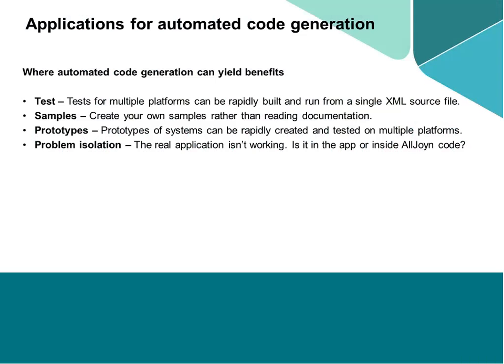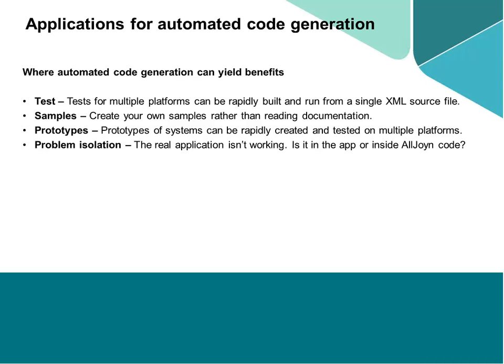But in general, the code generator could have some great benefits, particularly when you're trying to run on multiple platforms and trying to get a lot of people up to speed on this stuff. You can use the code generator from a single source XML file to produce code for multiple platforms. And that will enable you to do tests on a bunch of platforms quickly.